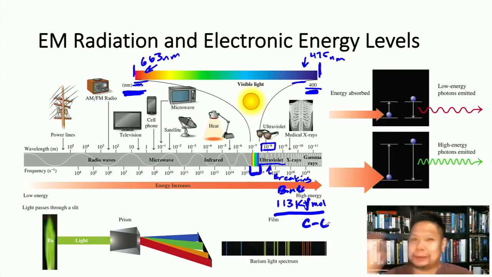And so when you get exposed to UV light, that energy, about 113 kilojoules per mole, is able to break this bond and rearrange the atoms in your DNA into something else, and that's why you get skin cancer. So think about it like this: ultraviolet light corresponds to the energy of bonds and breaking bonds, right? That's about the same kind of energy.